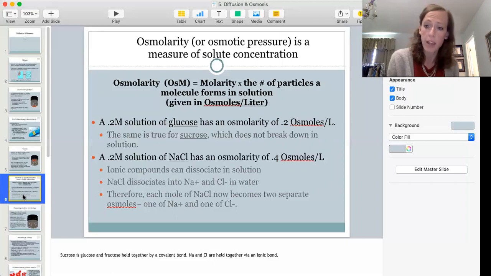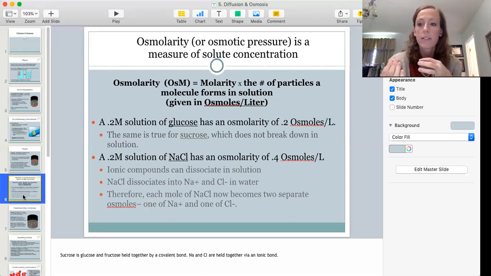So some things, when they're placed in solution, have the ability to dissociate. For instance, sodium chloride. Sodium chloride is made up of sodium and chloride, and when it's not in solution, that's one particle of sodium chloride. However, when placed in water, sodium and chloride dissociate, and now they form two different particles.